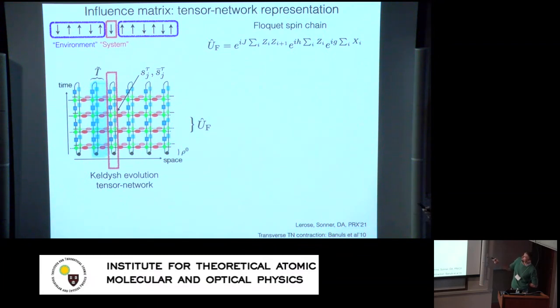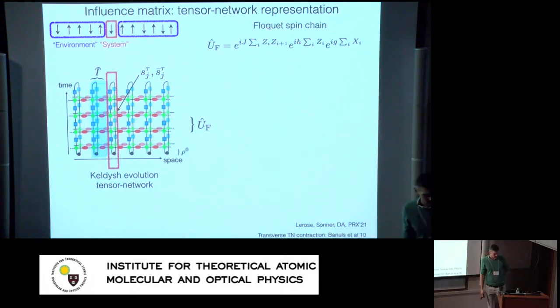I have a one-dimensional spin chain, spin 1/2, and I denote Pauli operators as z, x, and y. This is nothing but a discretized transverse field Ising model. So I'm applying an x field with amplitude g, a z field with amplitude h, and then Ising interaction with amplitude j.